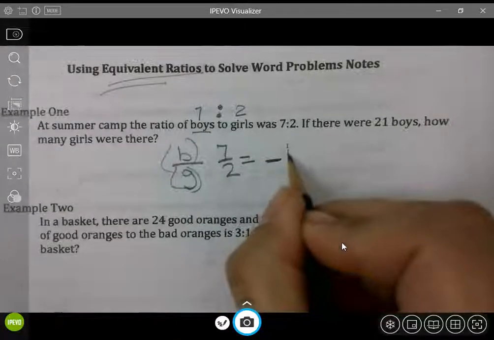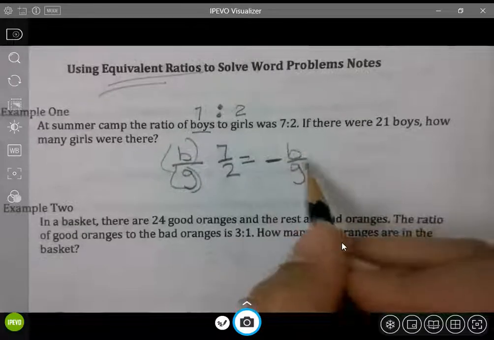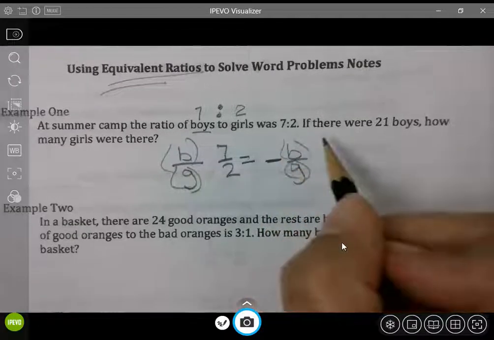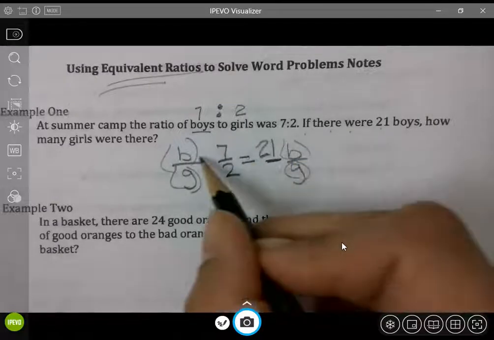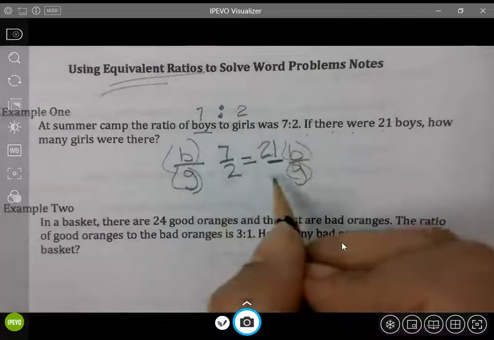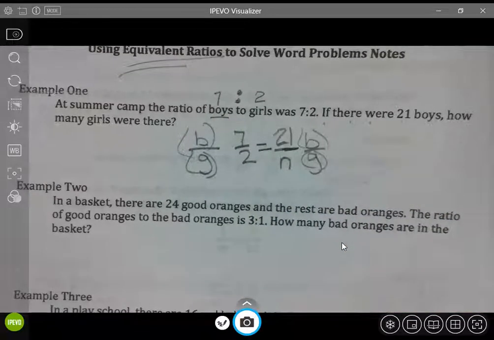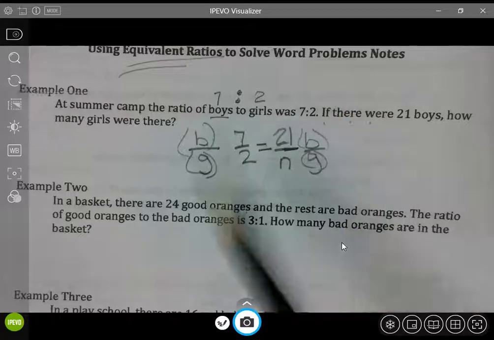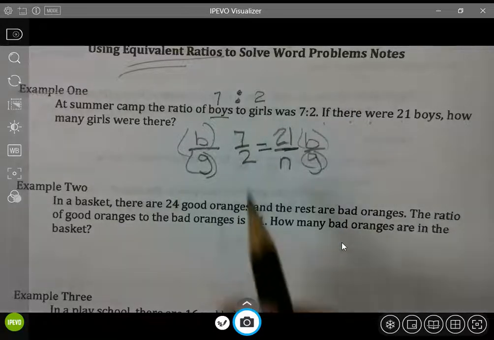Now remember, if I started with boys on top, I have to have boys on top on the other side. So if there were 21 boys, my boys are in my numerator. How many girls? Oh, I'm looking for my girls, so I'm going to put my n for a number I don't know. That's what I'm looking for. And now it's in a format that I'm familiar with, that I've been practicing.